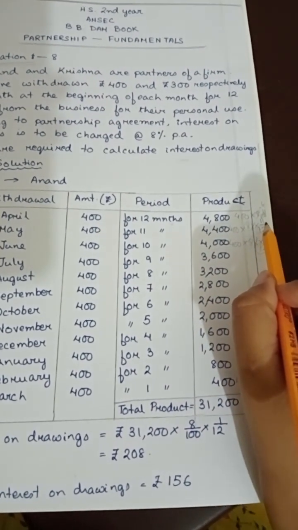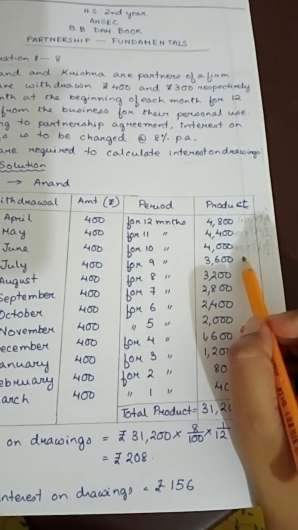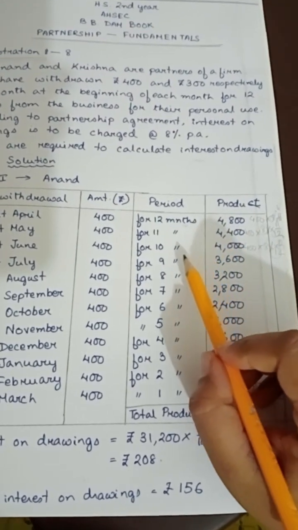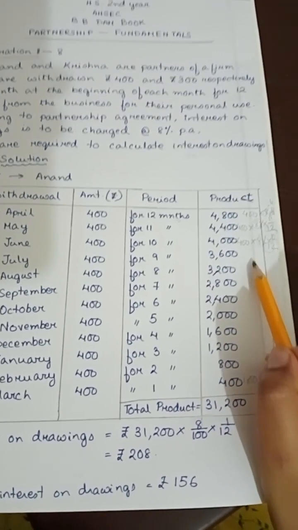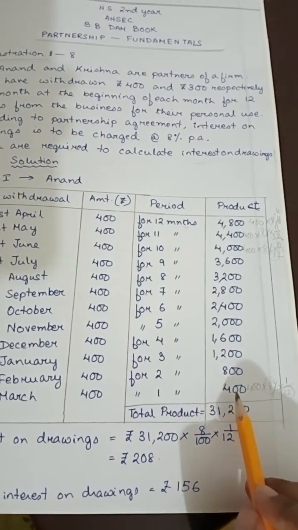Here 400 into 11, that is your 4400. 400 into 10, that is your 4000. So this way it will continue. Lastly it is 400 into 1, it is 400.